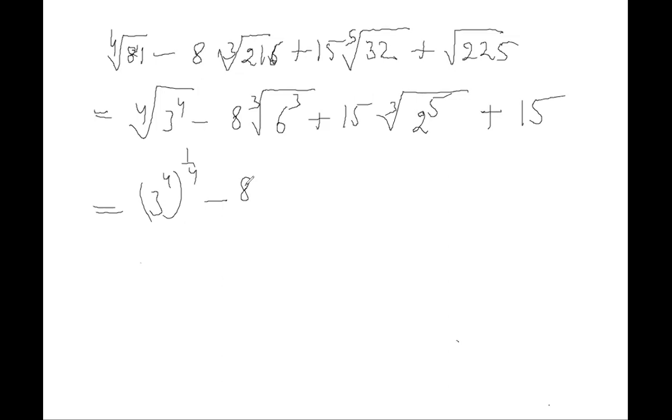So here 8. Now cube root means power 1 by 3. It was 5th root, so that means power 1 by 5. Now plus 15, and here it is 15. Wait, I faced some problem.